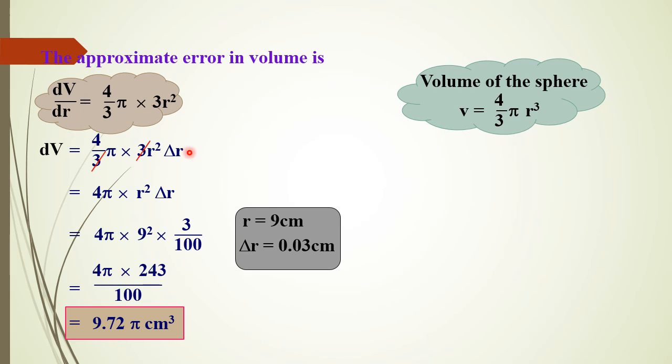Multiplying delta r to the right hand side, 3 and 3 cancel. So 4 pi r square into delta r, with r equal to 9 square and delta r equal to 0.03 centimeter. Simplify this term and you will get 9.72 pi centimeter cube. This is the approximate error in calculating the volume.